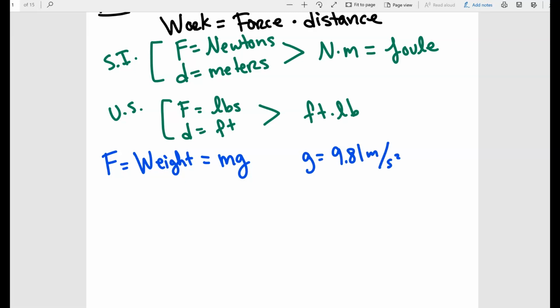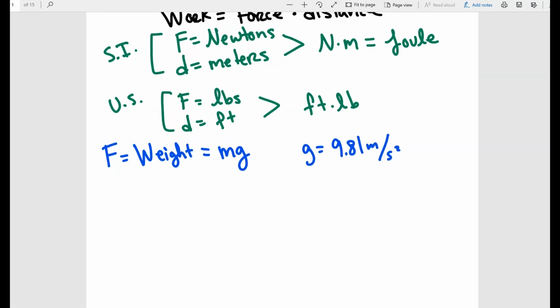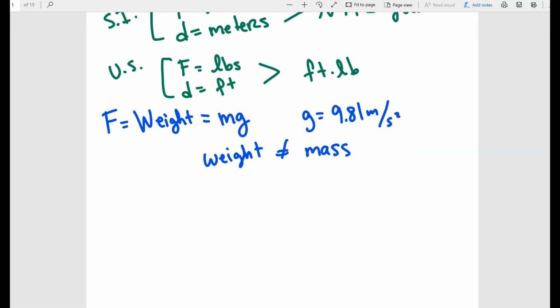Okay, another thing to note about weight and mass: weight is not the same as mass. Your weight actually is a force. And if you're given pounds, for example, this is already a force, so you do not need to multiply it by 9.8 because it's already given to you in pounds. If you have kilograms, then you can go ahead and multiply it by whatever g is, but just be very careful when we're given pounds versus when we're given kilograms.